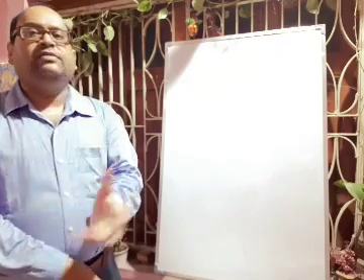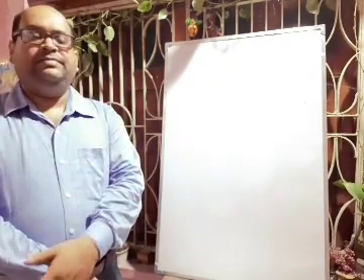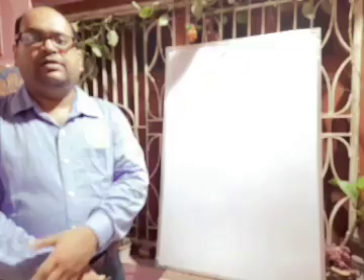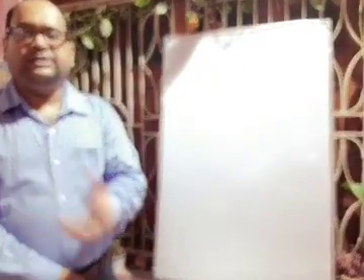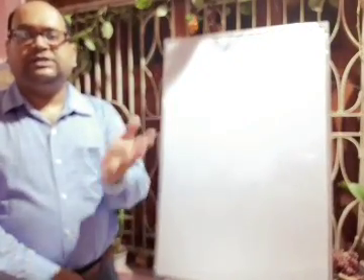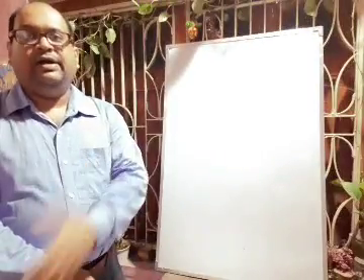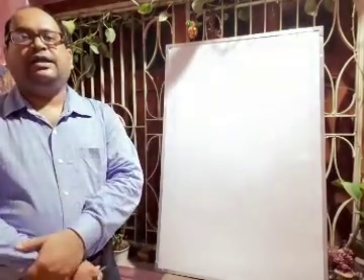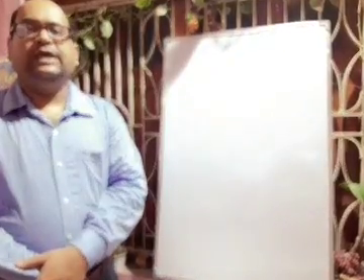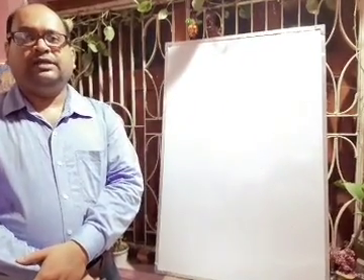Silver nitrate will convert the halogen into silver halide. If chlorine is there, silver chloride; bromine, silver bromide; iodine, silver iodide. This is insoluble in water, so it is separated, washed, dried and weighed, and from the weight of the silver halide you can easily get the percentage of halogen in the given organic compound.